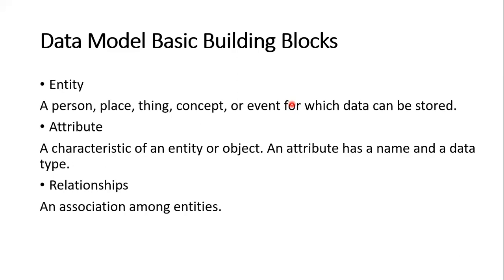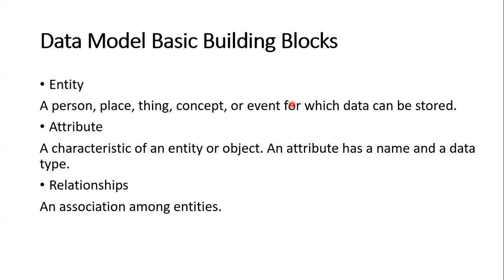Second thing is attribute. So attributes in the sense, we have an entity. So the characteristic of an entity is called an attribute. Characteristic in the sense, mother cooks rice. So mother has some characteristics and rice has some characteristics. Both are entities.